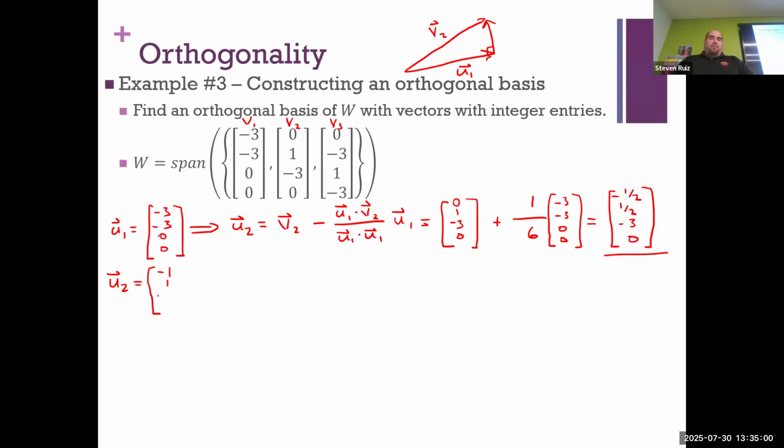So -1, 1, -6, 0 is fine. Is this perpendicular to u1? A lot easier to see when I have integers involved. So yeah, that dot product is 0. Okay, so if that's what my u2 is, I need a third vector. How do I get that?